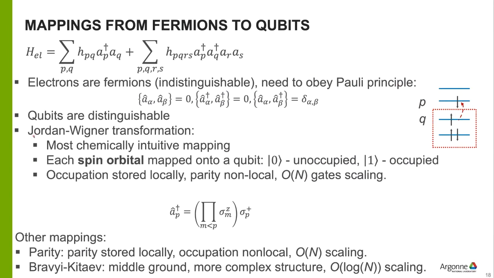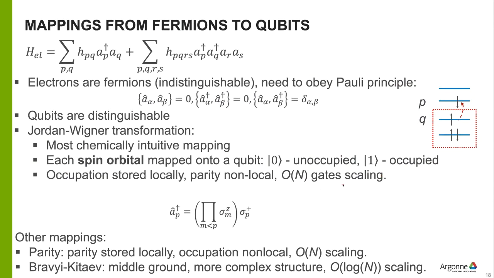There are multiple ways to map fermions to qubits, but probably the most chemically intuitive is the Jordan-Wigner transformation, where each spin orbital, so alpha or beta, spin 1/2 or spin minus 1/2, is mapped onto a qubit, where the 0 state of a qubit corresponds to an unoccupied orbital and 1 corresponds to an occupied orbital. And the occupation in this mapping is stored locally on each qubit, and the parity is non-local.